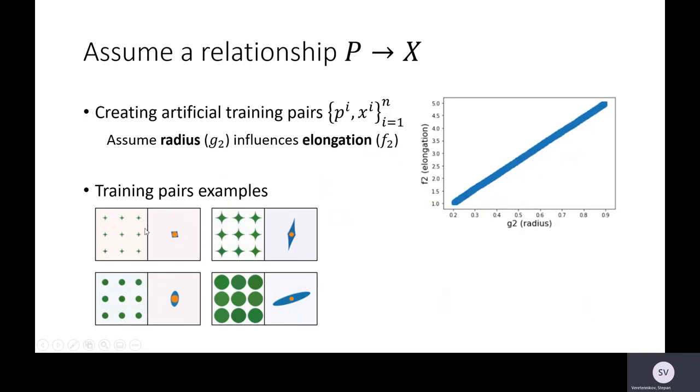I passed to the model pairs like a small radius topography and a low elongation cell, a high radius topography and a high elongation cell. This is the only source of data that the model used, apart from the values of the features, which were also consumed by the model.